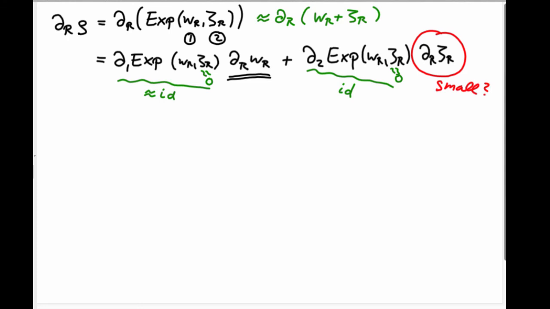So in order to estimate that, I'm going to write down the equation that it satisfies, namely F_R of zeta_R is equal to 0. That is my key, and I can take a derivative of that. Again, we have various derivatives in the picture. On the one hand, I can take the derivative in the direction of these tangent vectors, zetas.